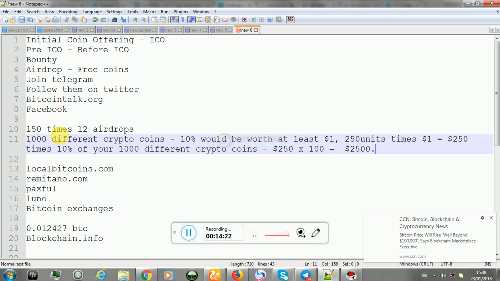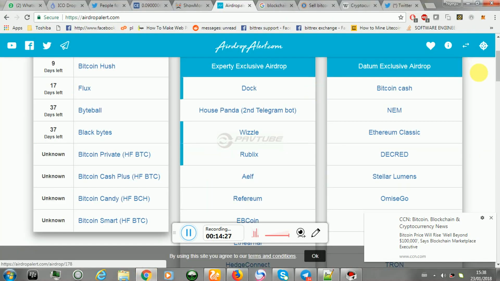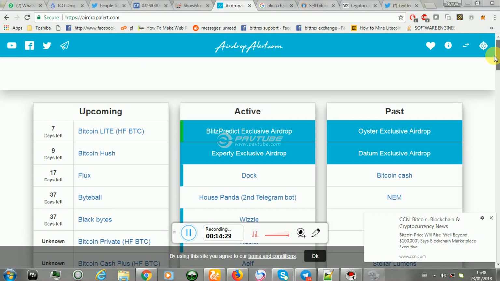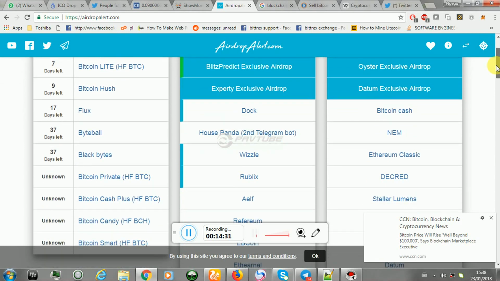So it is an awesome way of making money, but at the same time, it is also a very beautiful way of teaching yourself about the blockchain, about the crypto coins, and knowing projects that are likely to succeed and the ones that are not likely to succeed, because from there you'll be able to read through and filter the chaff from the real thing. You'll be able to know what to do at any point in time because you have become so experienced in the system. So there are a lot of benefits you get from participating in airdrops.